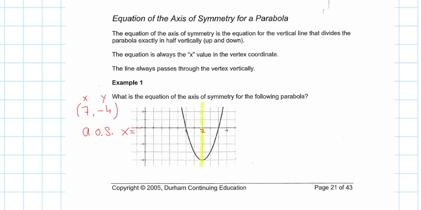Okay? So now, let's put it all together for a second, before I give you time to copy this. If you look at the vertex point, which is 7 and -4, this part of the vertex is your axis of symmetry. What do we call this part? It's the max or min. So the vertex gives you two things.